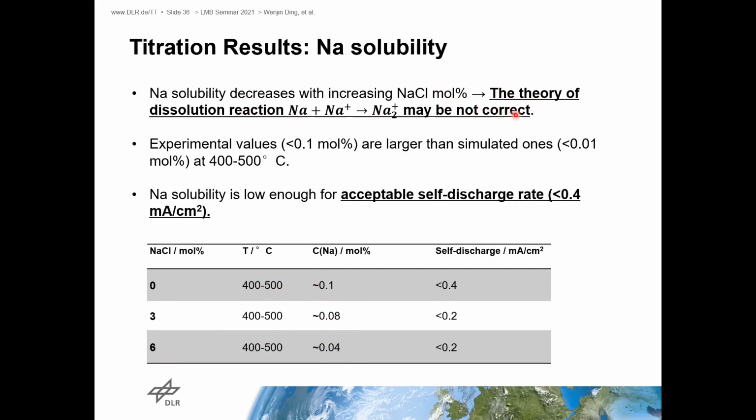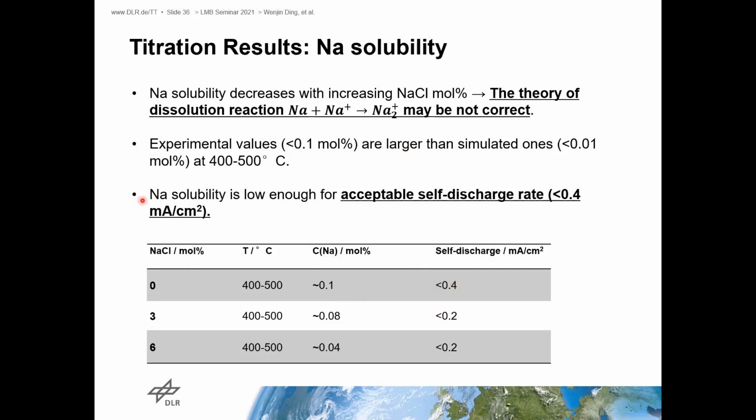We need to do more study, but the experimental result confirms that the sodium solubility is low. It's larger than the simulated values, but it's low, and the estimated self-discharge rate is below 0.4 milliampere per square centimeter.